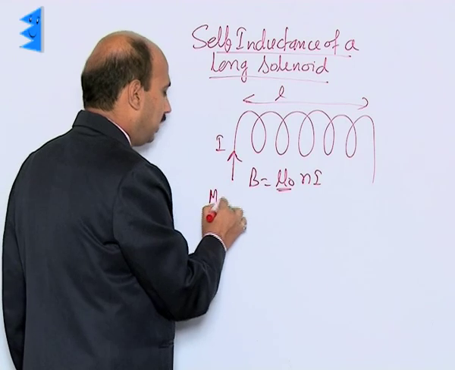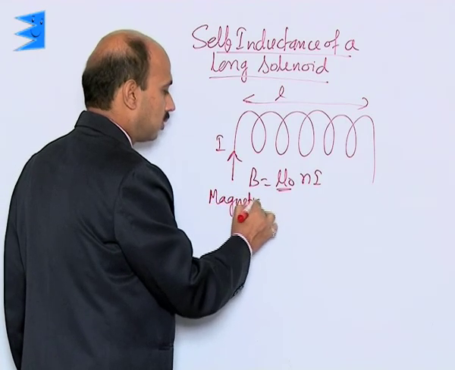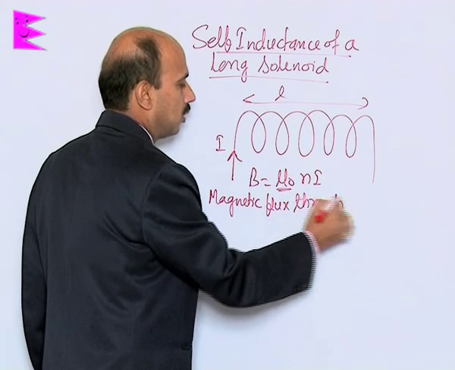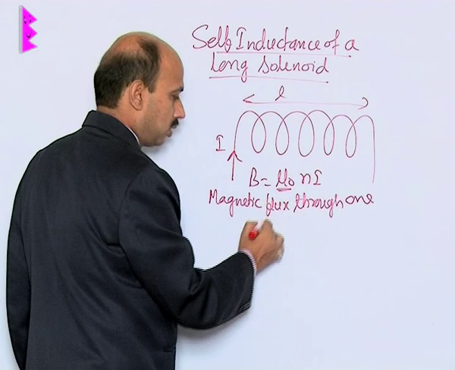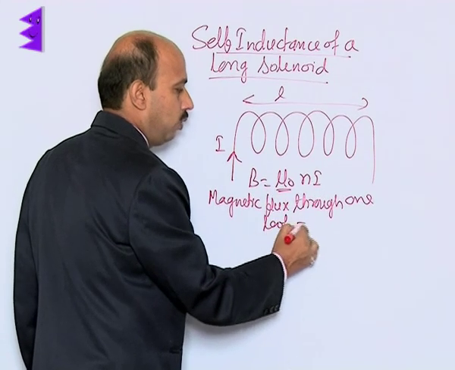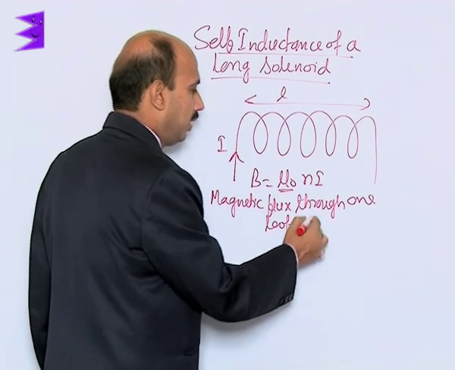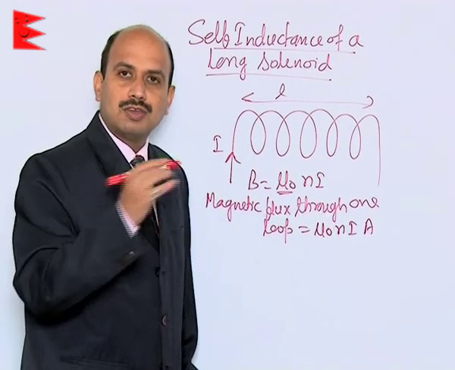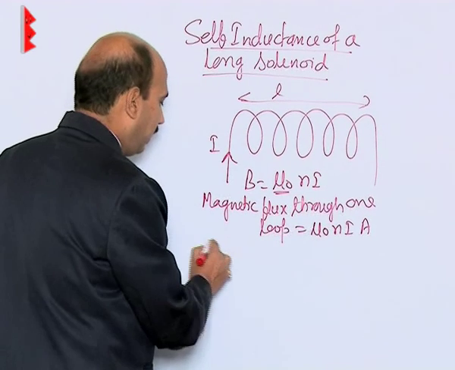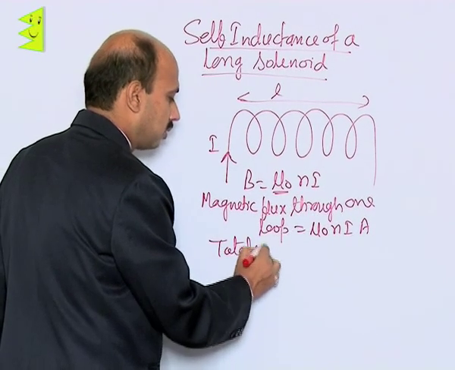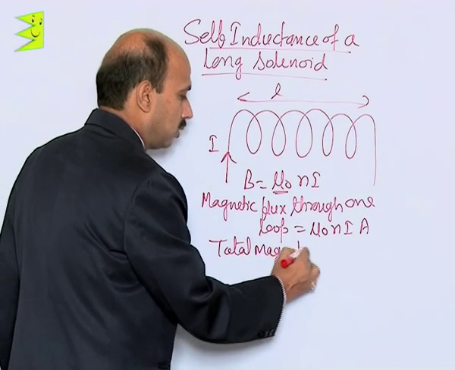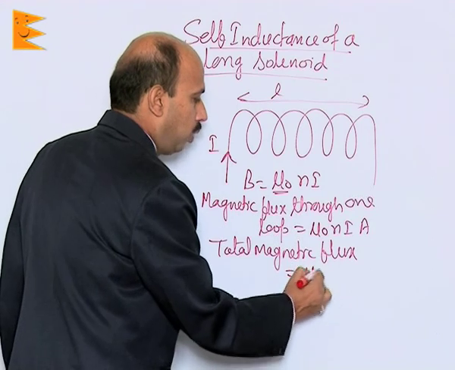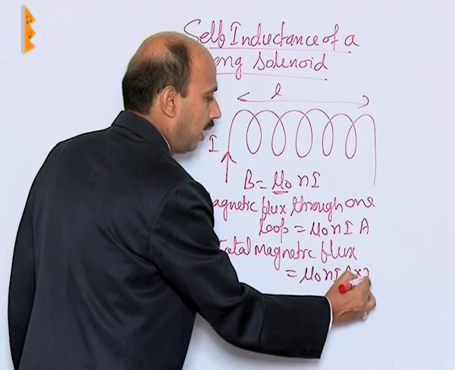Then the magnetic flux through one loop is B into A, that is mu naught n I into A, where A is the area of cross section of the loop. Then the total magnetic flux is equal to mu naught n I A into nL.